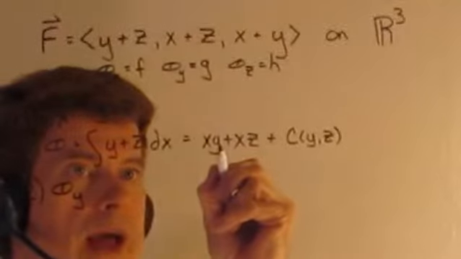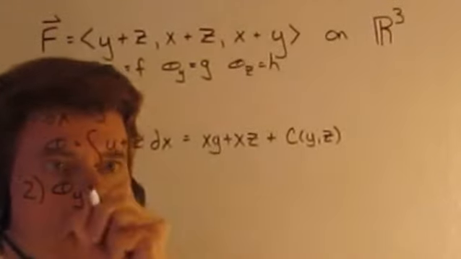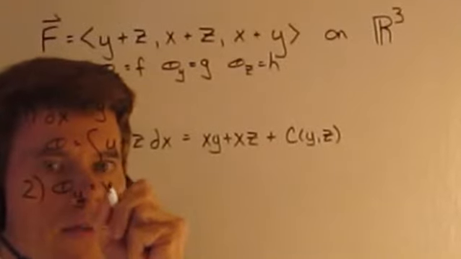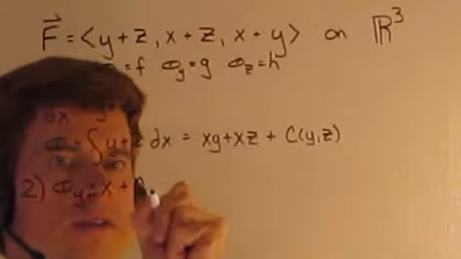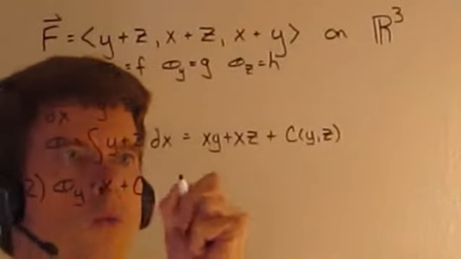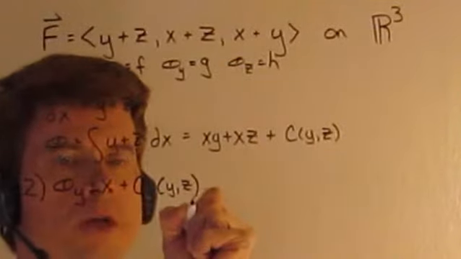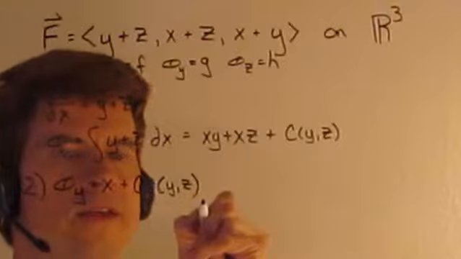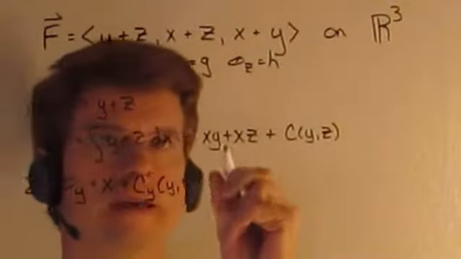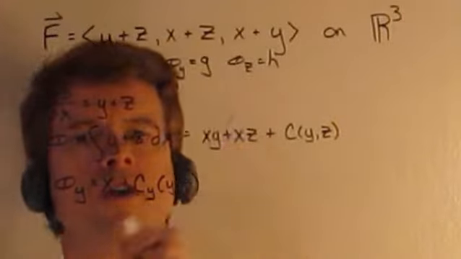So when we do that, with respect to y, we have x, and then plus our constant, c_y(y,z). Now in order to figure out what this c_y(y,z) is, we can come up here and compare it to our g.